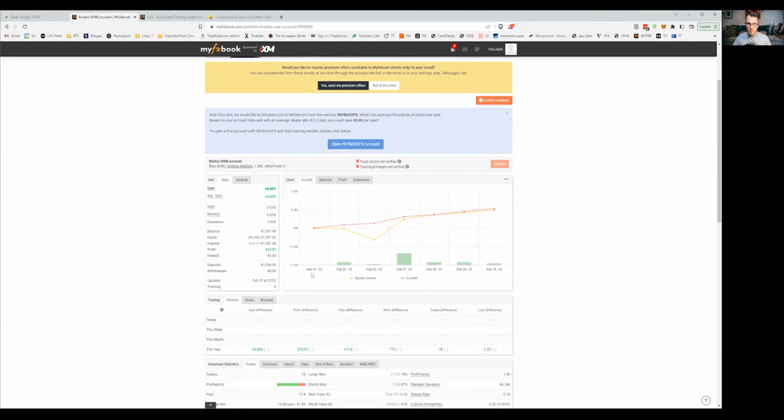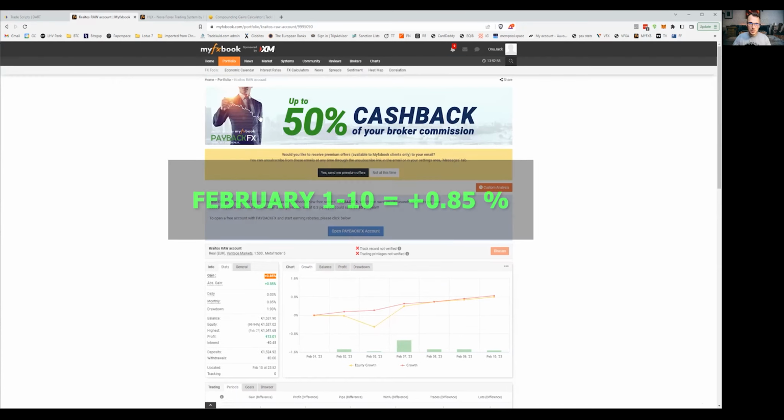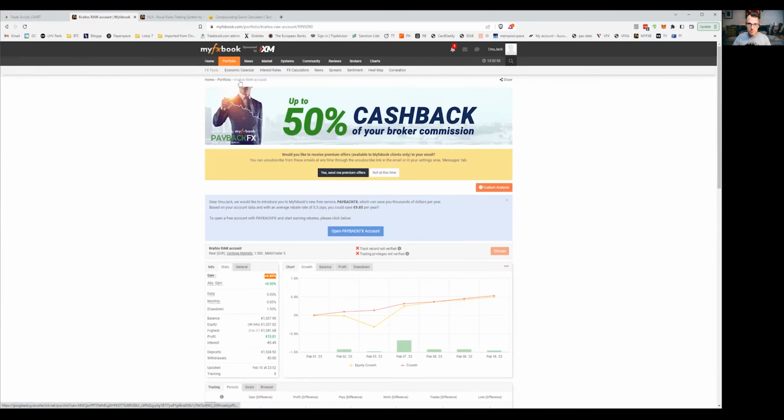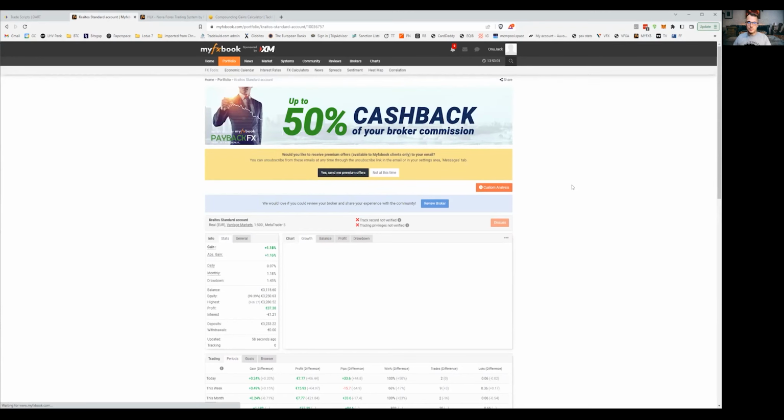February started on February 1st. It made 0.85%. Now try to remember this number again. And I'm gonna switch to the current account, because I noticed that Cratos is taking more trades in the standard account. So I switched to a standard account.